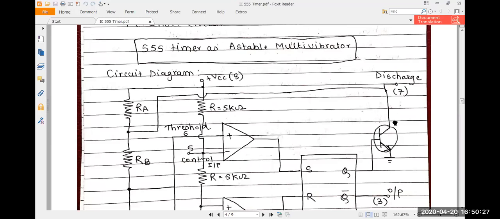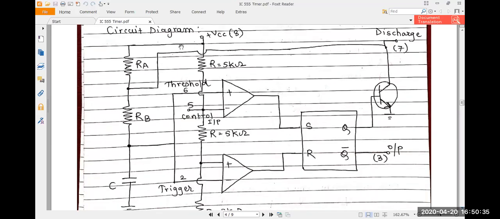So the capacitor can get charged through RA and RB, because the discharge path won't be there as the transistor is in cutoff condition. And this is initially because we have considered the voltage across the capacitor is 0, and hence when this condition arises, the path won't be there because of the cutoff condition.